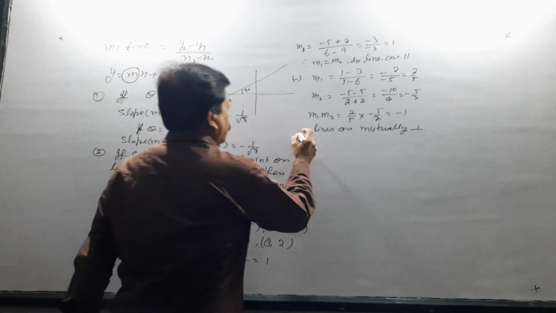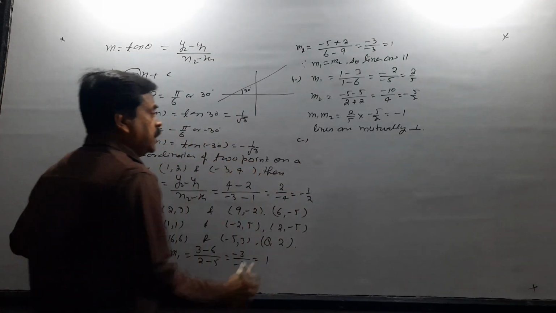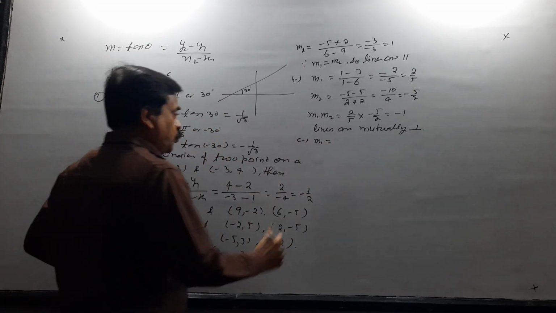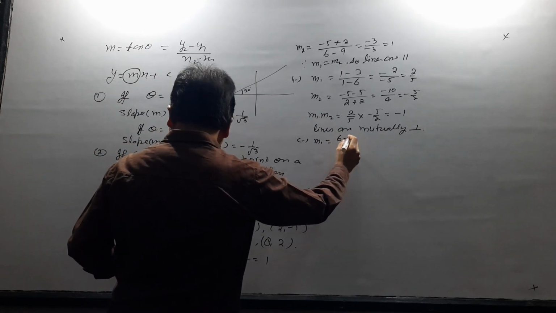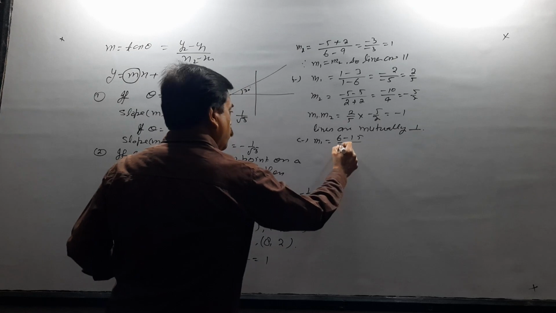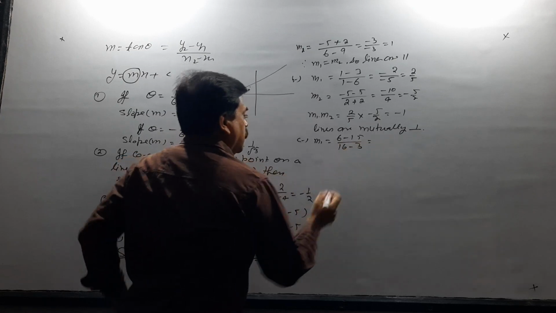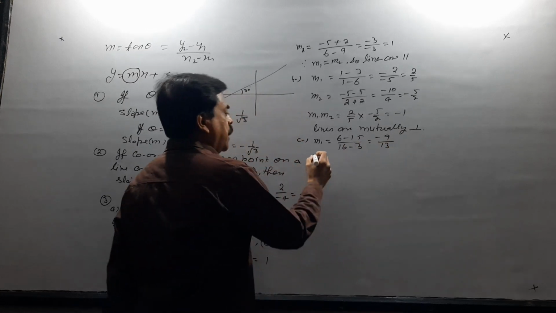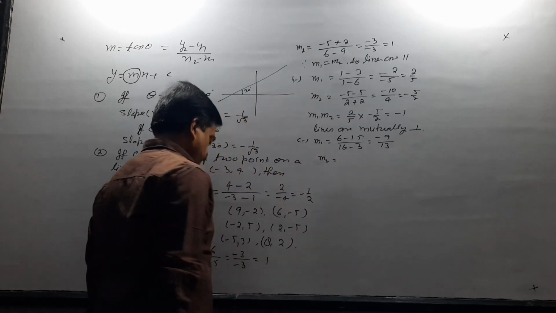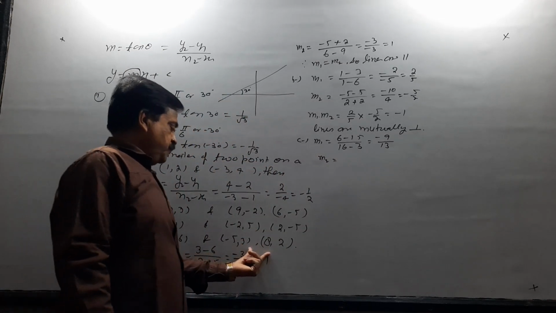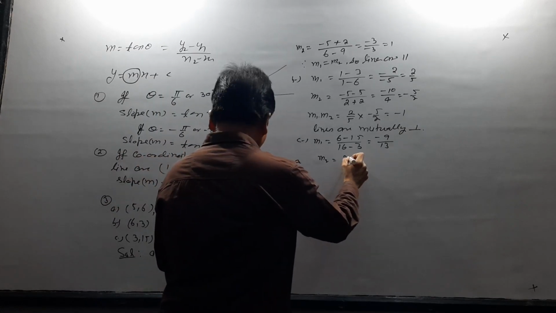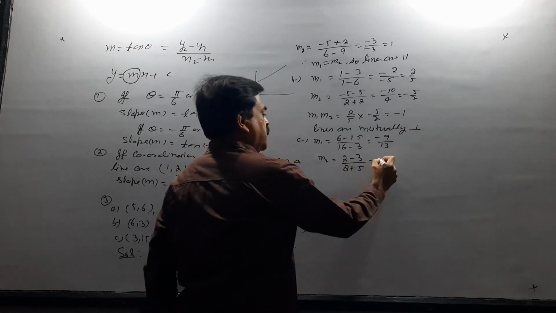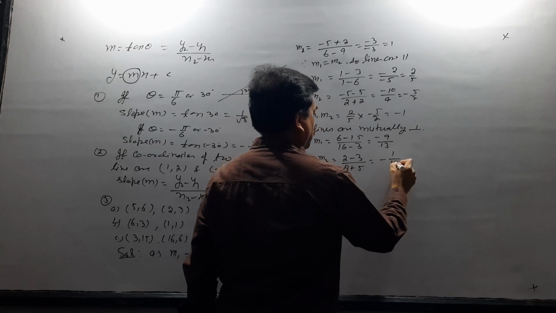Third question, in C part, m1, slope of line through these 2 points, y2 minus y1 upon x2 minus x1 equals minus 9 upon 30. m2, the slope of other line passing through this pair of points, y2 minus y1 upon x2 minus x1, so minus 1 upon 30.